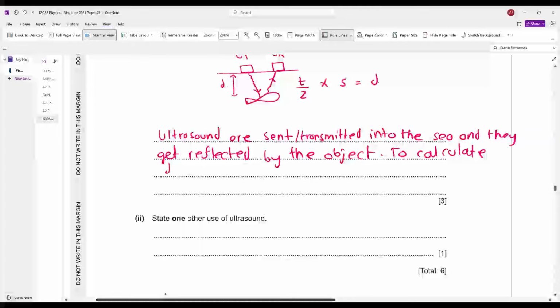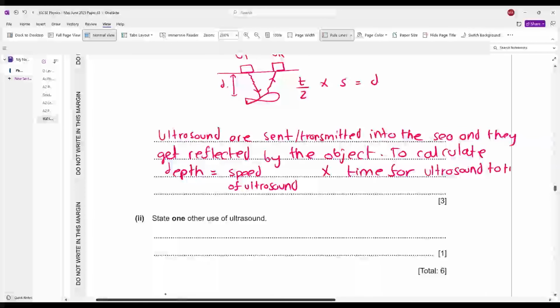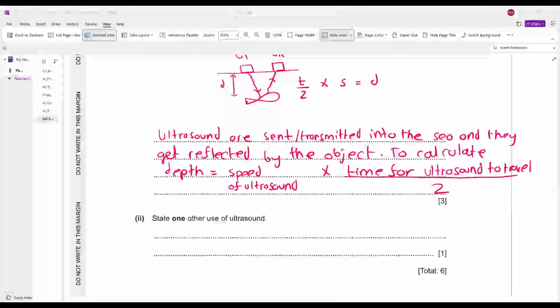To calculate depth, what will you do? You take the speed of ultrasound multiplied by the time for ultrasound to travel, divided by 2. Why have I divided the time by 2?